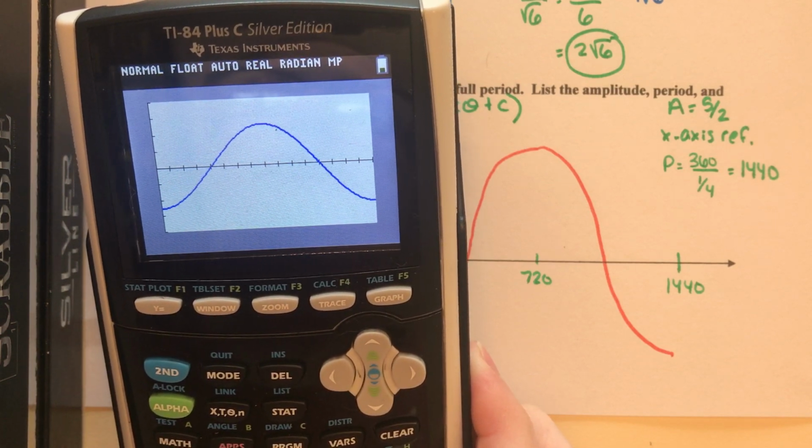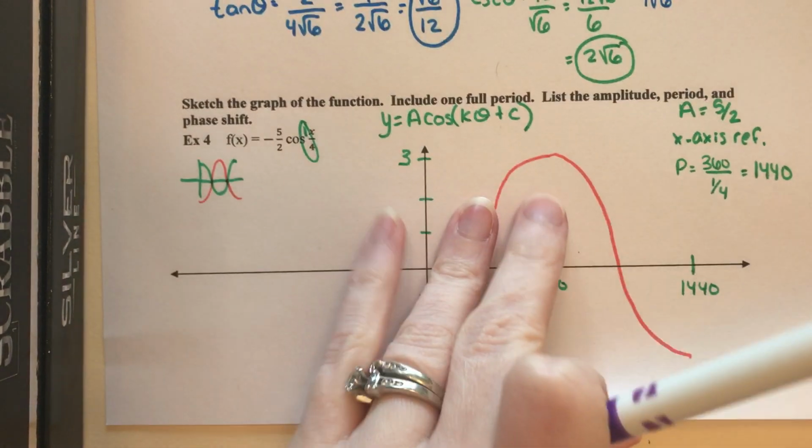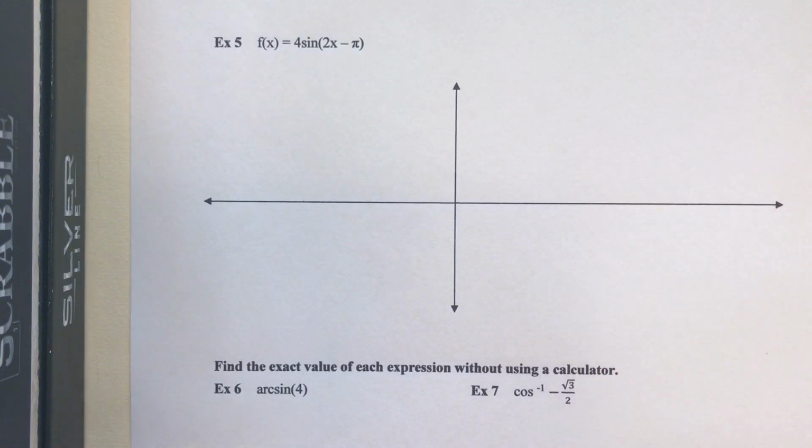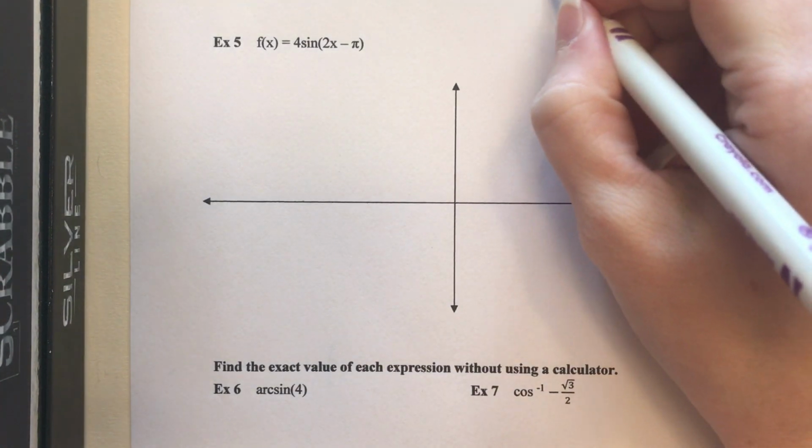Yep, works perfect. Okay, so let's go on to our next graph, number 5. We have 4 sine of 2x minus pi. So I'm going to make my list again. My amplitude is 4.